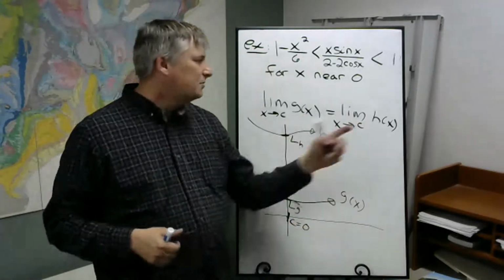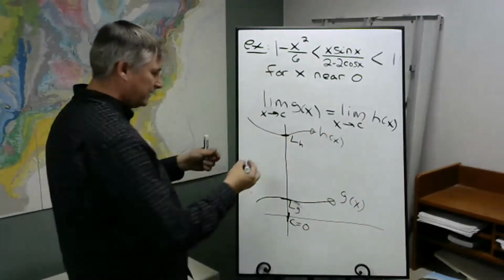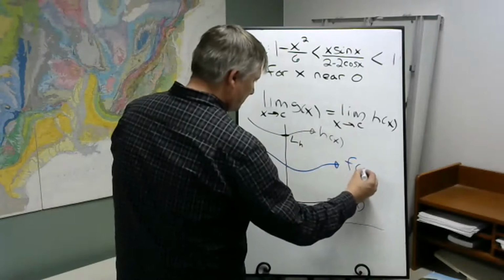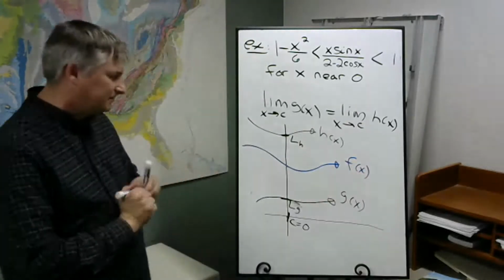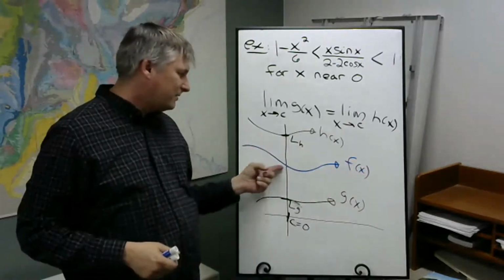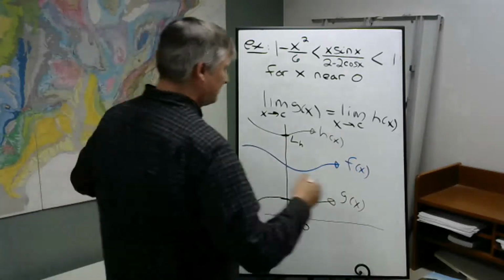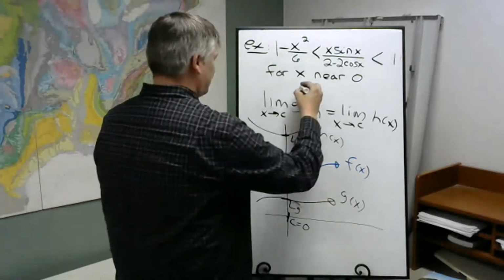If the limits of these two aren't equal, but f of x is still between, well, just knowing these two limits won't tell us what the limit of f of x is. So this is required.